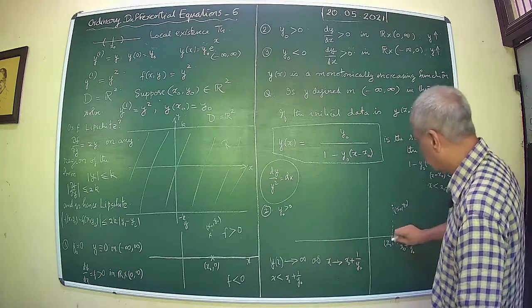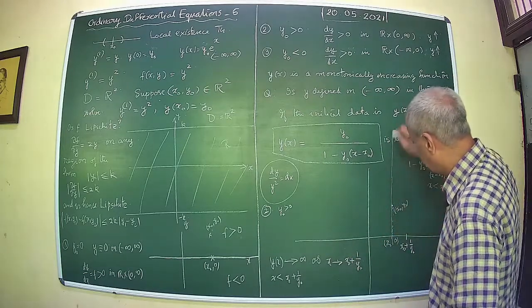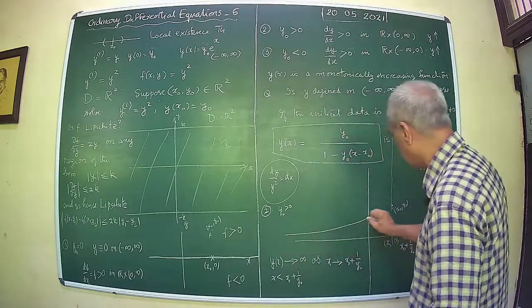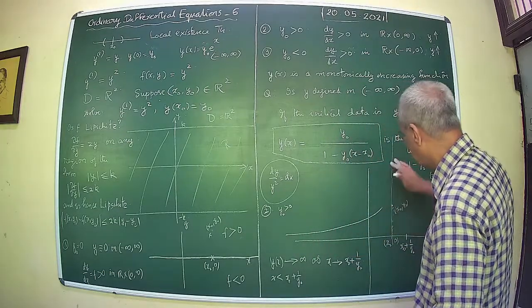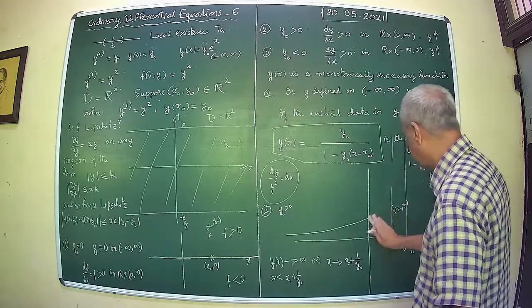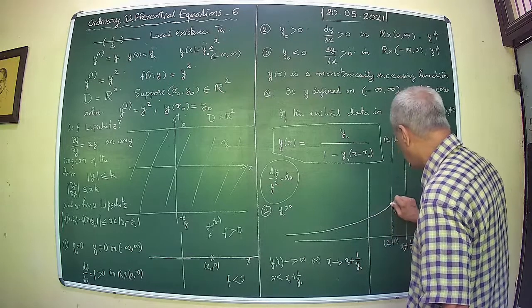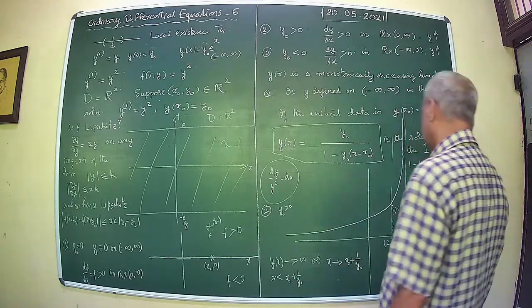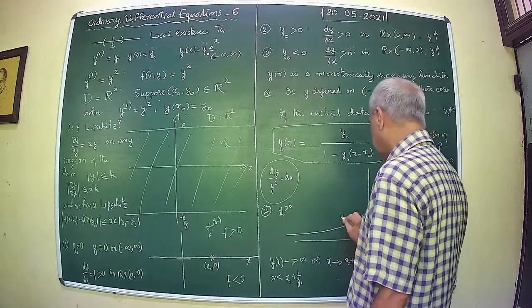And what happens is, this becomes an asymptotic line, and the graph of the function takes the form something like this. Sorry, not this one. This one will be the asymptotic line, and this is the point which passes through that, and then it sharply increases and goes like this. So this is the solution y(x).